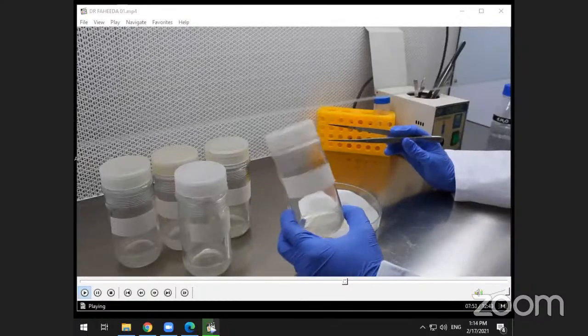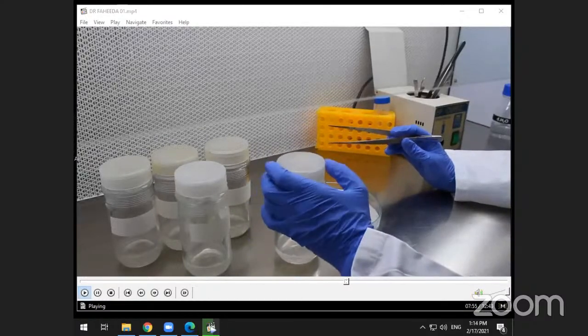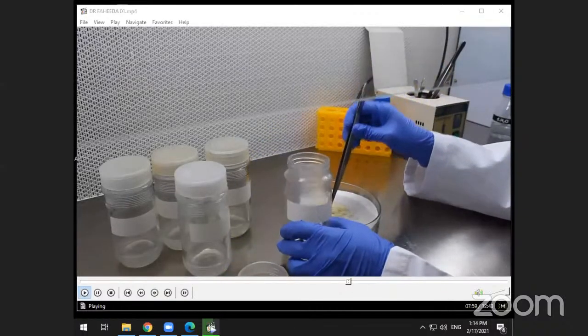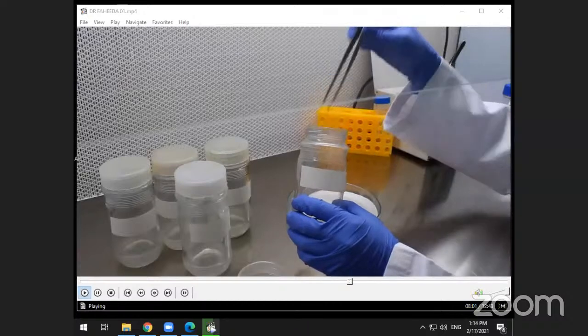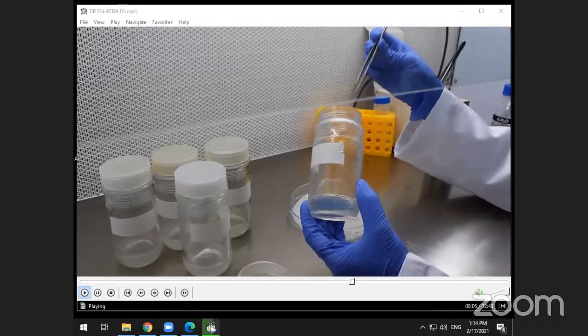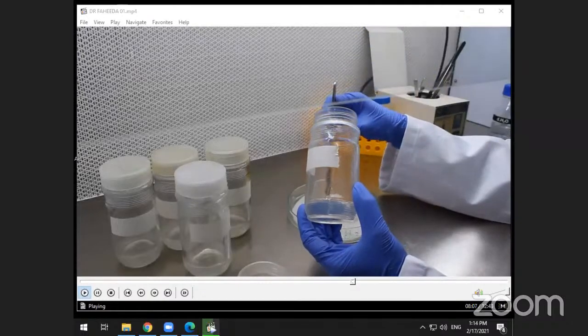Inoculate sterilized seeds into the MS media one by one with the help of forceps. Avoid crowding in the jar and do not use hot forceps as it can damage your eggplant.